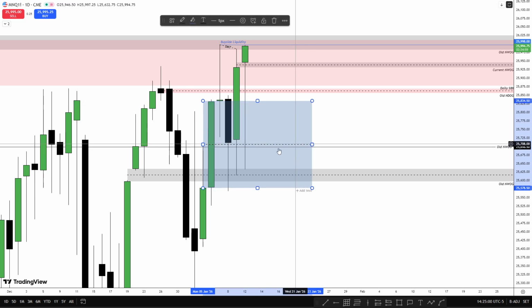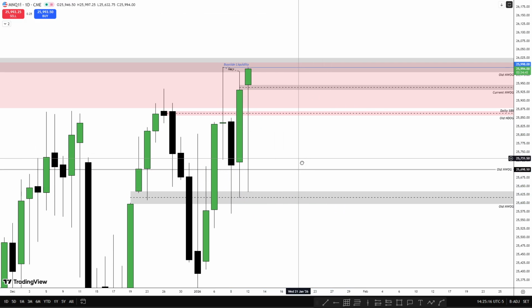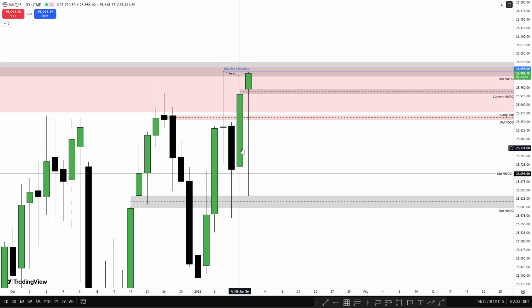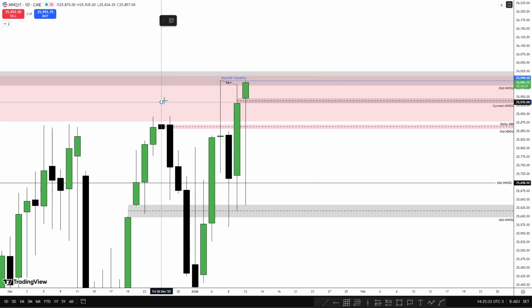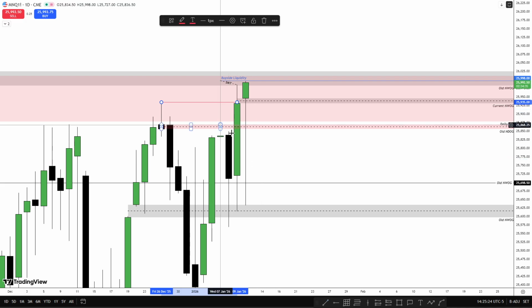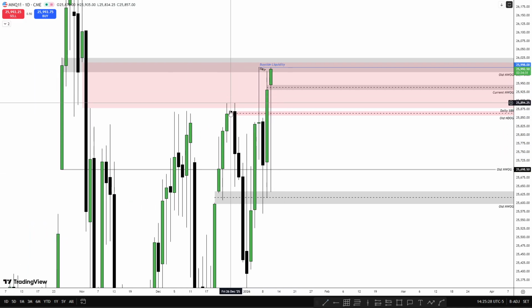So that's another suspension block, and you can see that price closed above the consequent encroachment, CE, of this suspension block. And then on Friday we closed around this bearish order block.